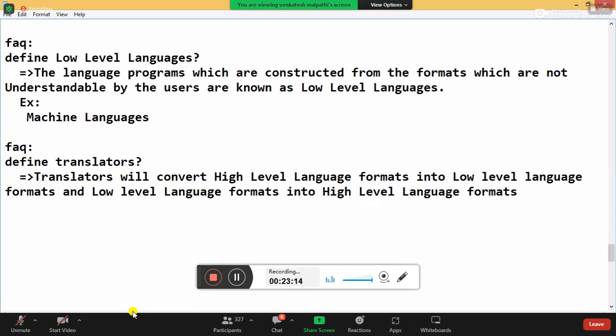So both ways, high level to low level and low level to high level, can be done by the translators.